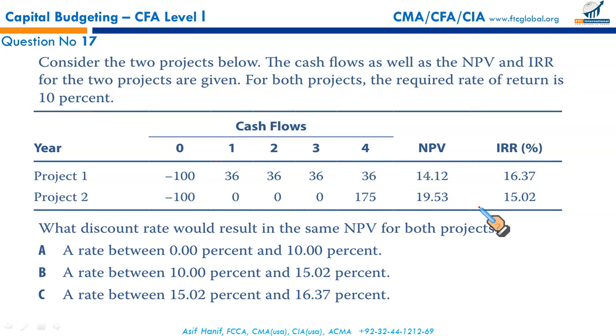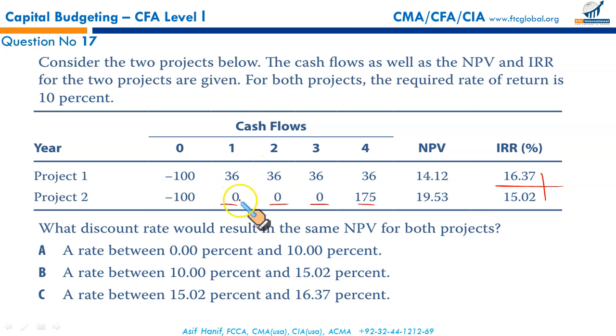One way to solve this question is a shortcut: the rate at which the NPV for both these projects will be equal lies somewhere between these two. But the right approach, the way we do it in CFA, is to take the differential of cash flows and calculate the IRR that brings those cash flows to 0.